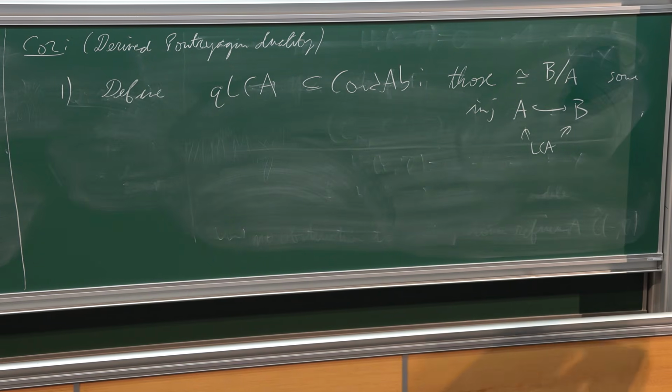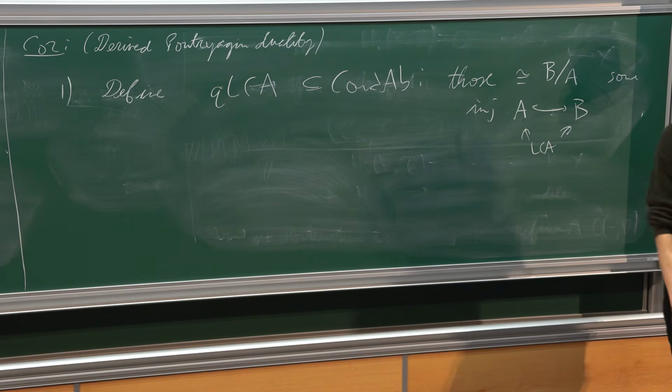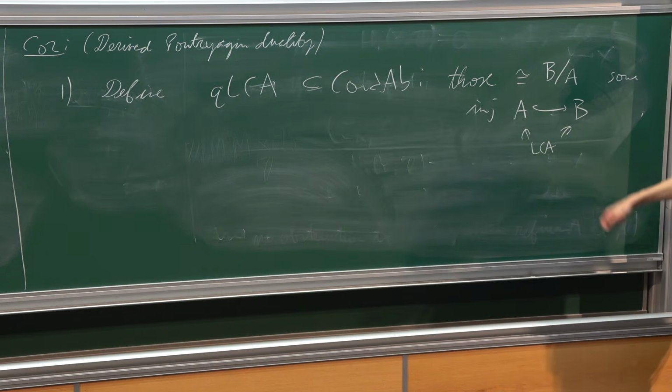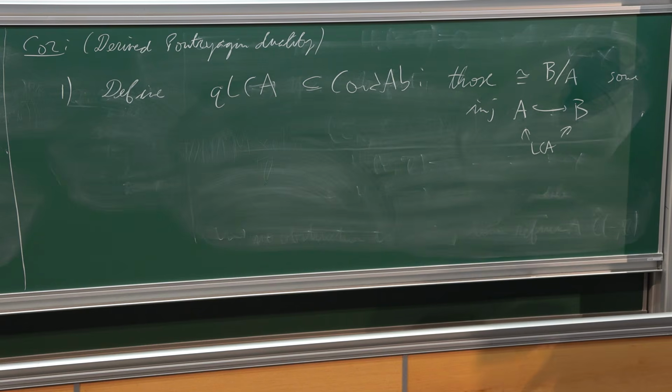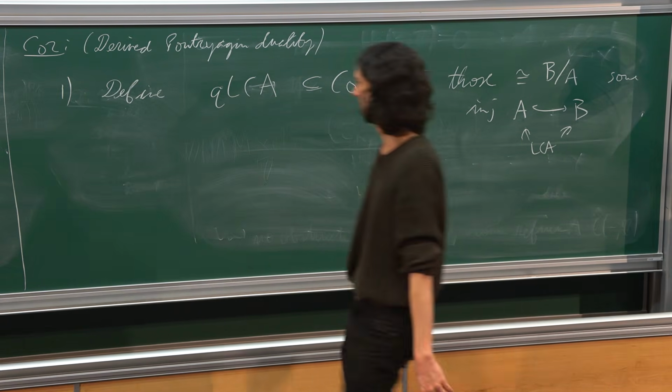Caution, an injective homomorphism need not have closed image. It could have a dense image. This could be Q with the discrete topology mapping to R with the usual Euclidean topology. But still there's a non-trivial cokernel, and we include those objects.